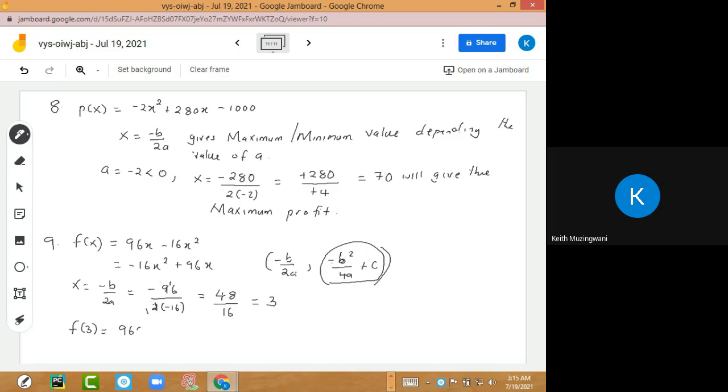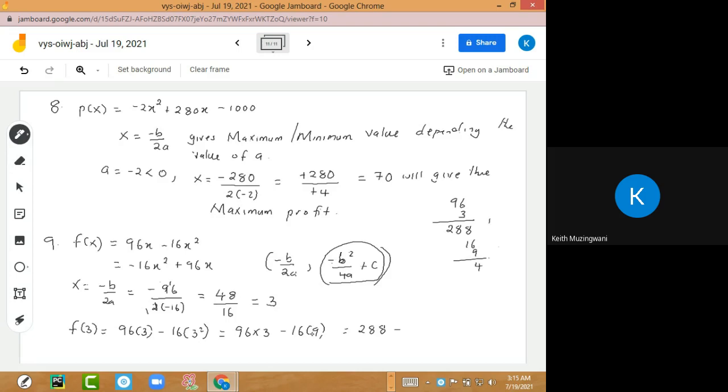So if we get 3 and take it in f, which is 96 by 3 minus 16 by 3 squared, giving us 96 by 3 minus 16 by 9. So what is 96 by 3? That is 18, carry 1, 27, 28. So we get 288 minus 16 by 9. 9 by 6, that's 53, 54.